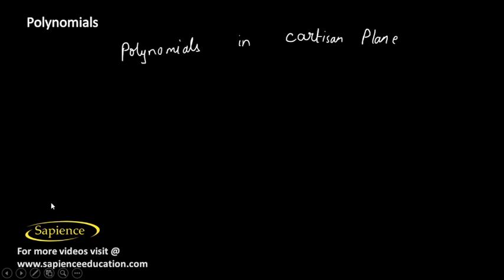Now let us discuss how a polynomial will look in Cartesian plane. What is the meaning of Cartesian plane? This is a Cartesian plane.